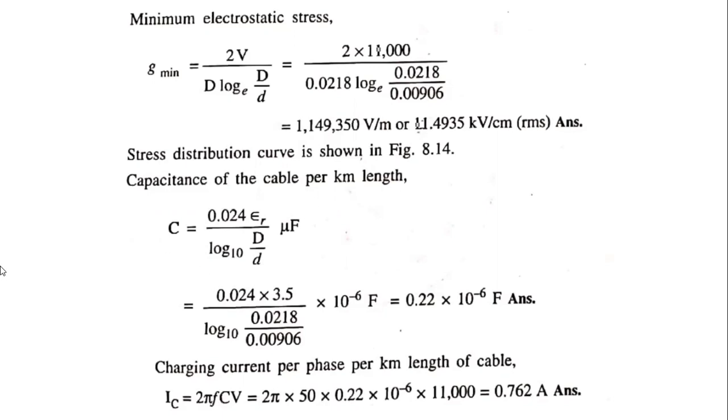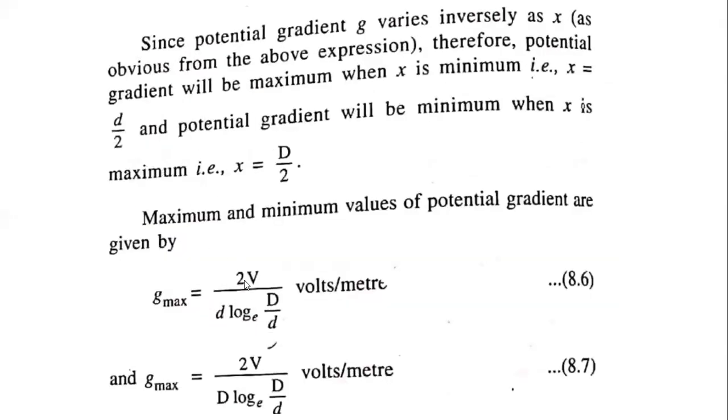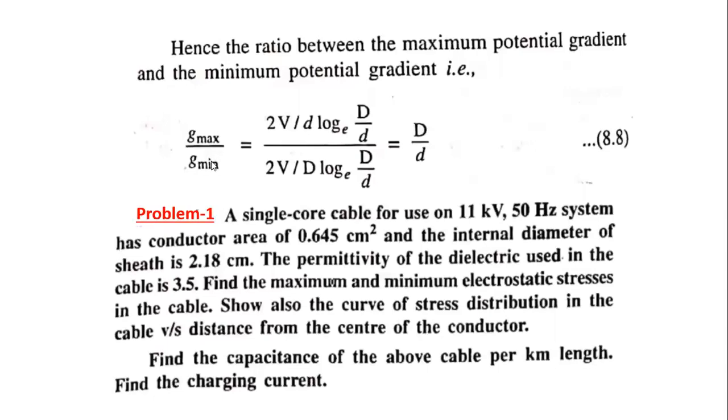Okay, this is the derivation for the dielectric stress, and we have another formula, that is the ratio between the maximum to minimum, that is G max to G min. Therefore the ratio of G maximum to G minimum value is capital D by small d, where capital D is the diameter of the insulation and small d is the diameter of the conductor or the cable.